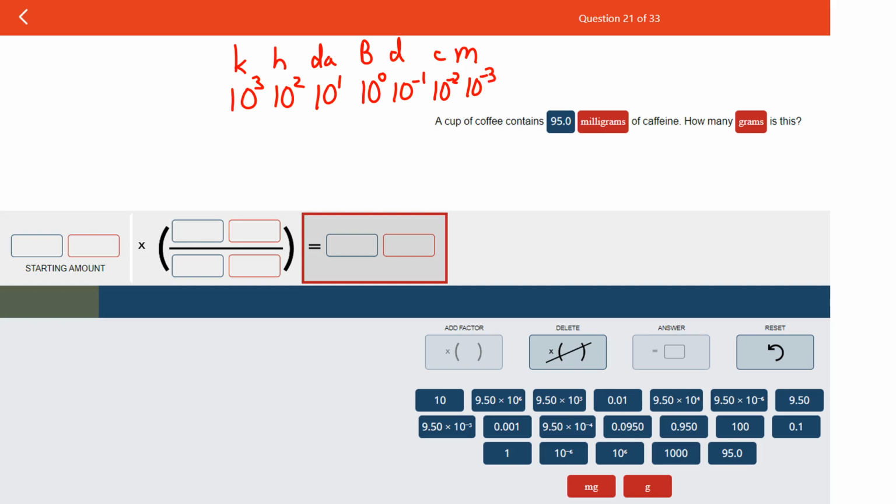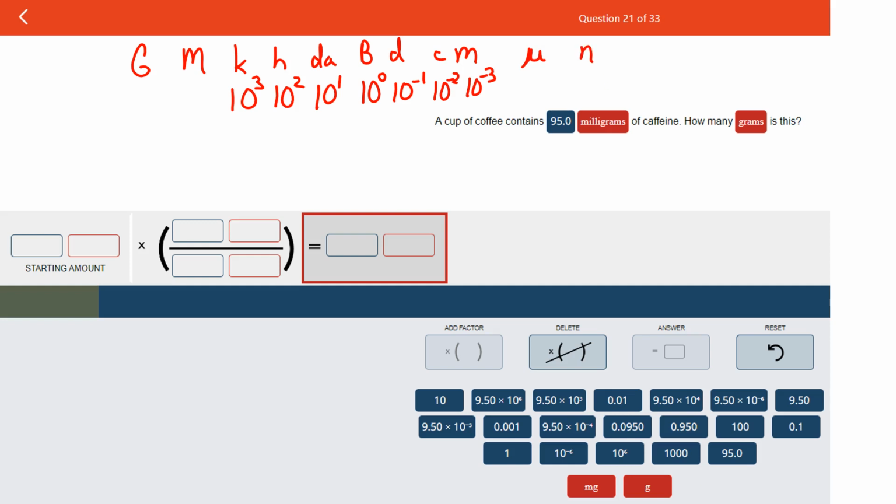All right. And so on this end, we end up having mega and giga. And then on this end, we end up having micro and nano.